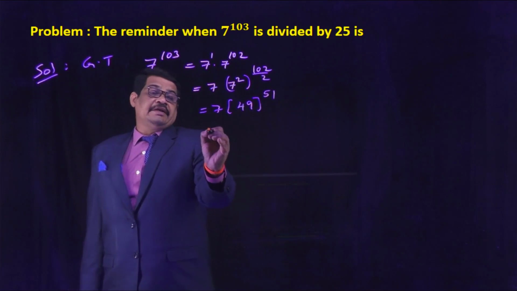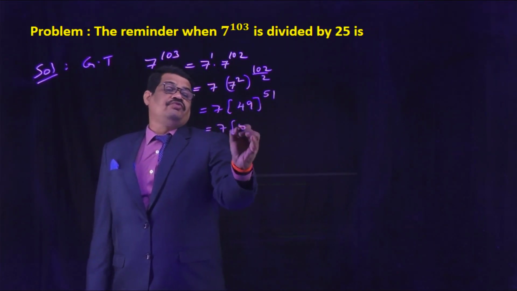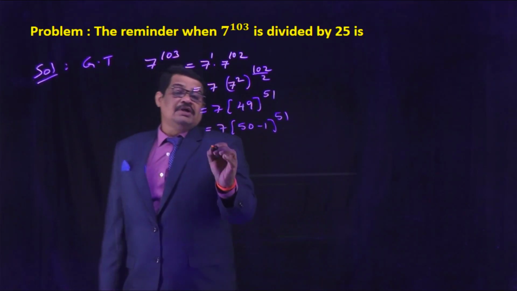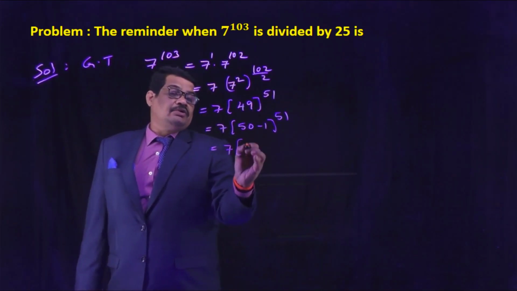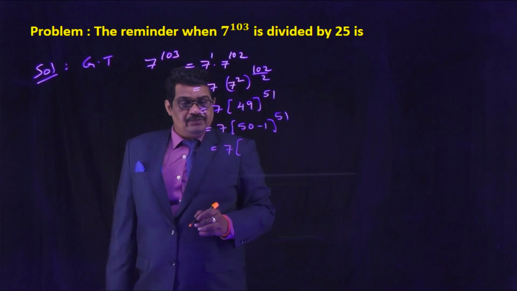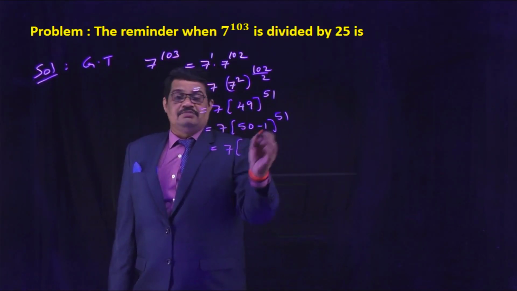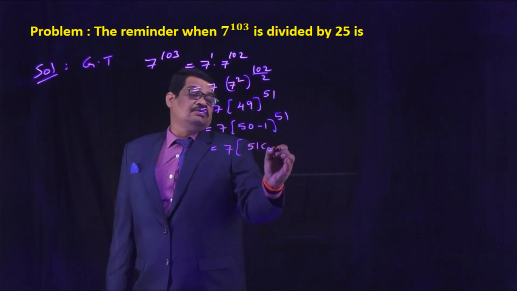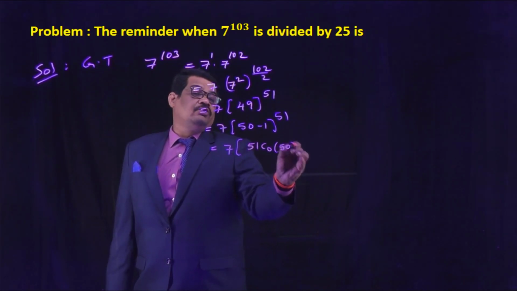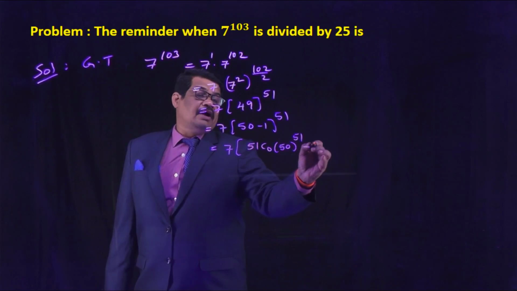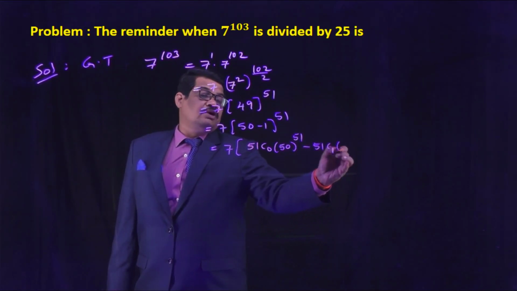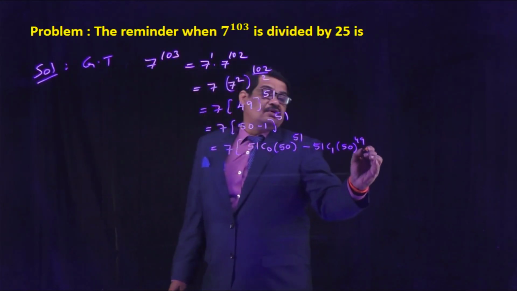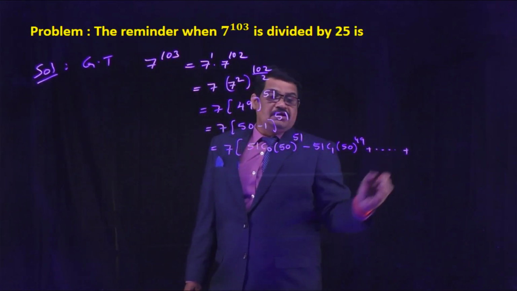This 49 can be written as (50 minus 1) whole power 51. That is equal to 7 into, now we write the expansion of this binomial expression: 51 C0 into 50 to the power of 51 minus 51 C1 50 to the power of 50 plus and so on. These are the terms.